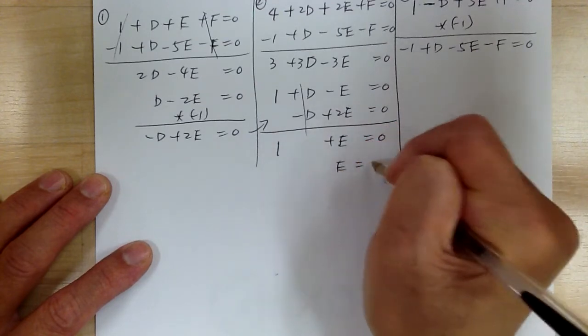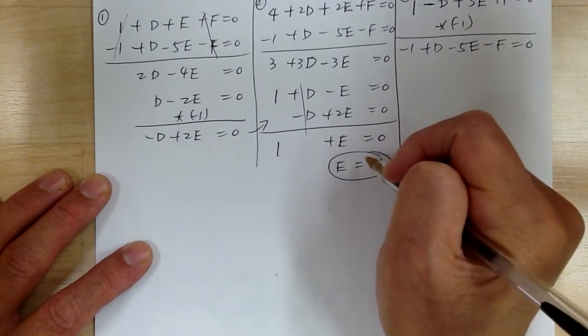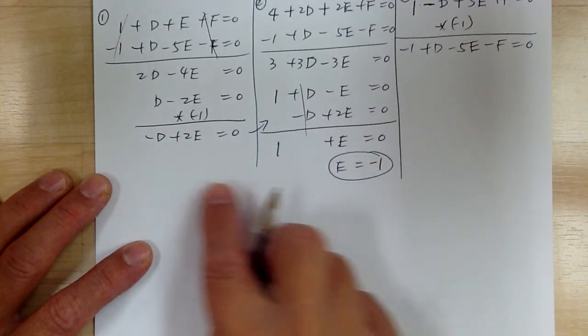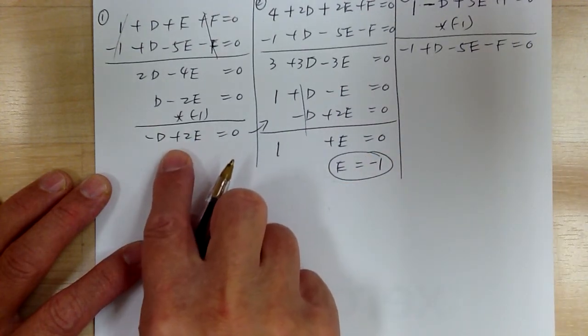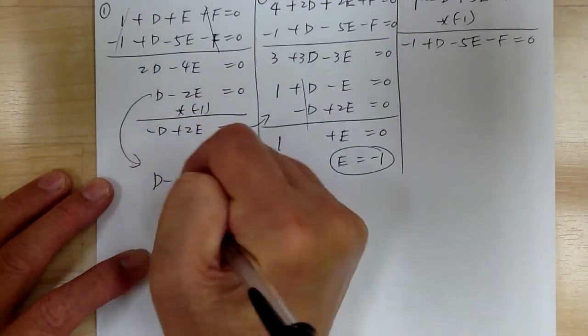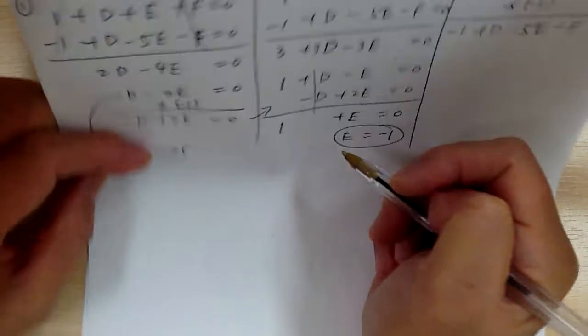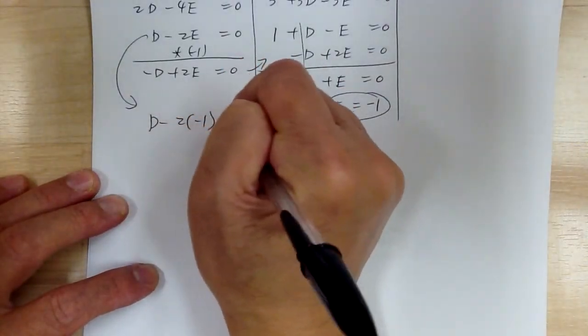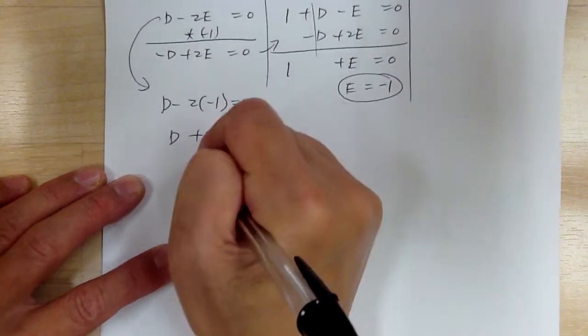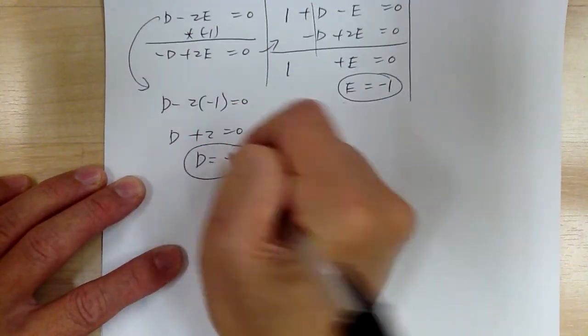So e equal to -1. So once I find e equal to -1, I'm going to use this one here to look for d. So d minus 2 times -1 equal to 0. So d plus 2 equal to 0. So d equal to -2.